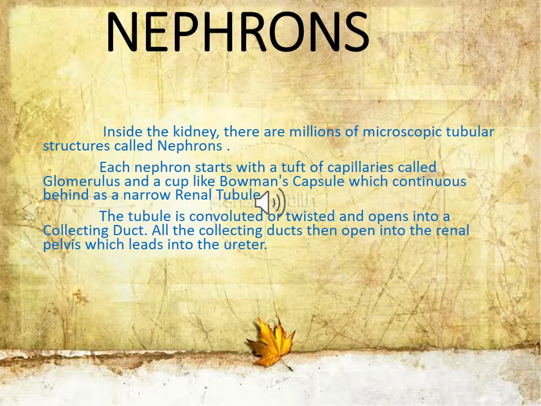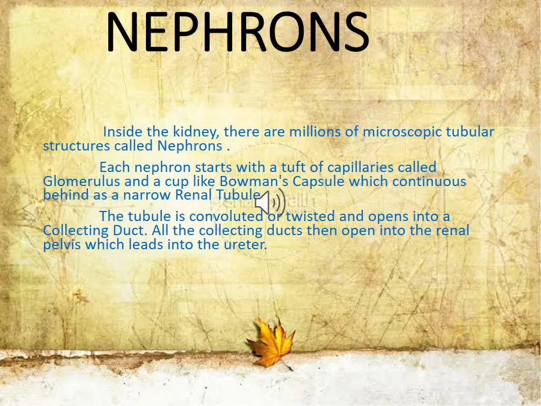Now we will learn about the structural and functional unit of kidneys, which we call nephrons. So inside the kidney, there are millions of microscopic tubular structures called nephrons. Each nephron starts with a tuft of capillaries called glomerulus and a cup-like structure called Bowman's capsule, which continues behind as a narrow renal tubule.